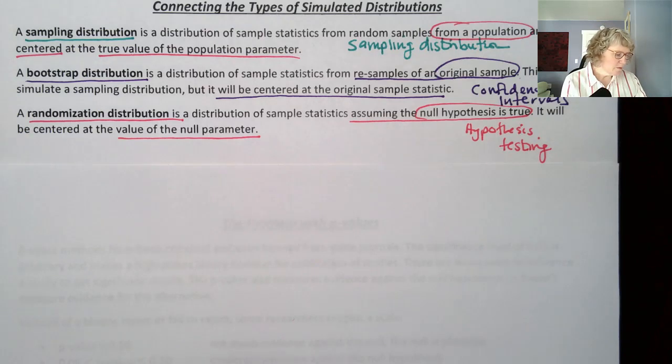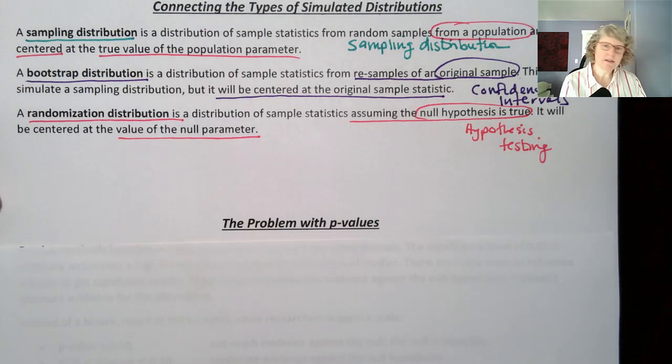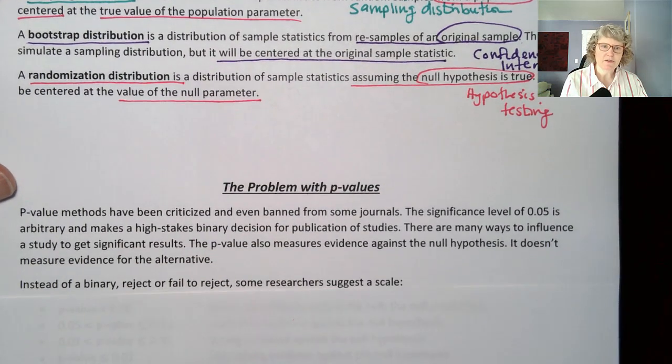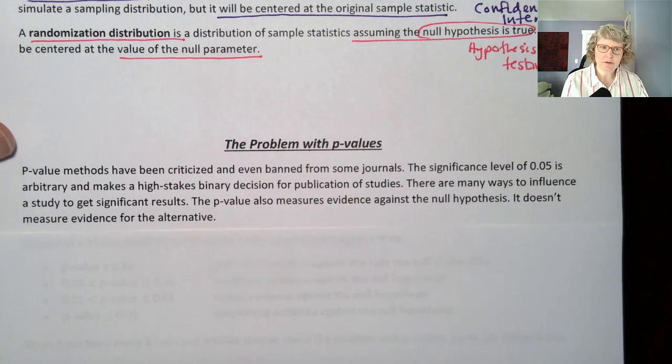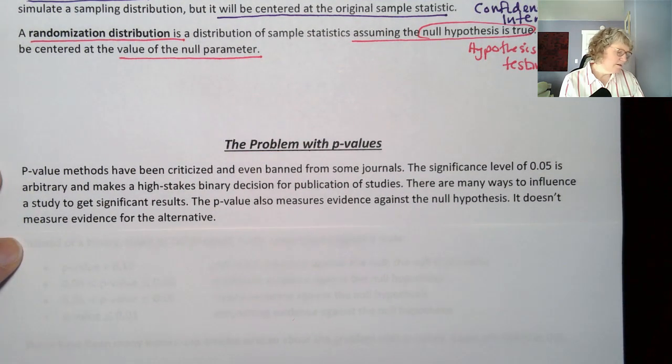There's one more thing I want to talk about in this video, and that is the problem with p-values. I don't know if you've heard about this before, but it's controversial. P-value methods have been criticized and even banned from some journals. Some of the reasons for this are the significance level of 0.05 seems arbitrary to some people, and it also is this binary, did you meet the 0.05 or not?